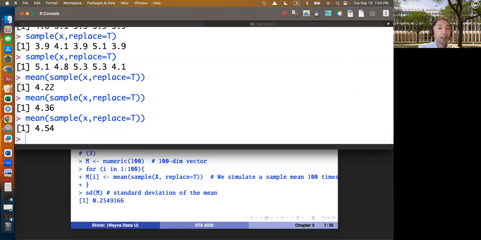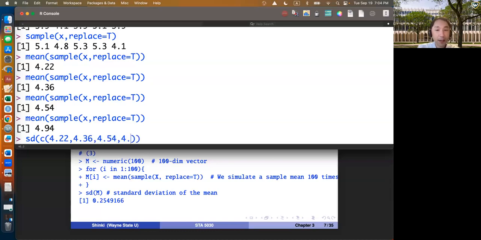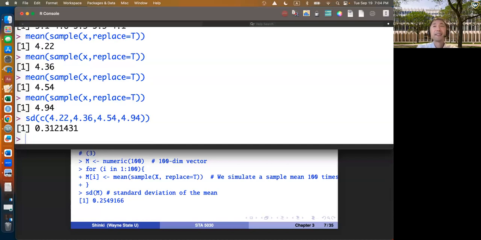So every time you get a different mean, then we can take the standard deviation of these observations. So the standard deviation of 4.22, 4.36, 4.54, and 4.94, we get somewhat similar to 0.2.